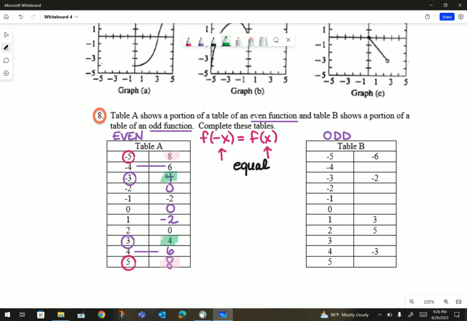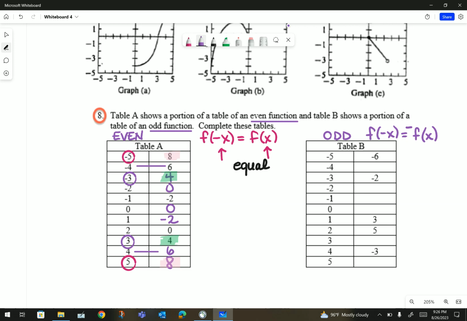But for odd functions, things changed up a little bit, because this time, if you plugged a negative x into your function and got a y value, the y value on the other side, when you plugged in an x, had to be opposite. That's what that minus in front meant, okay?